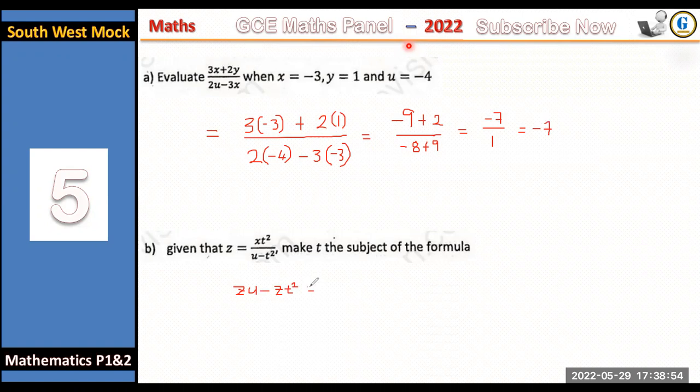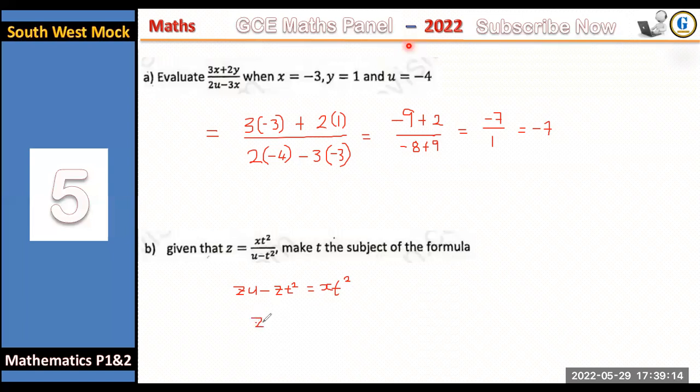So it's equal to x t squared. We now bring the like terms together. What are the like terms here? Because we want to work with t. We can carry this to the right hand side because I want to escape from negative signs.